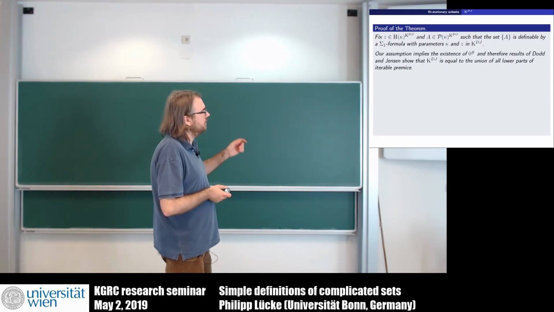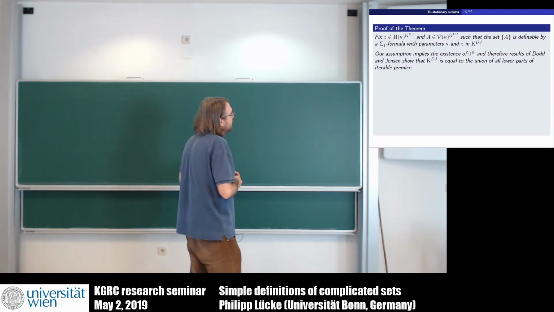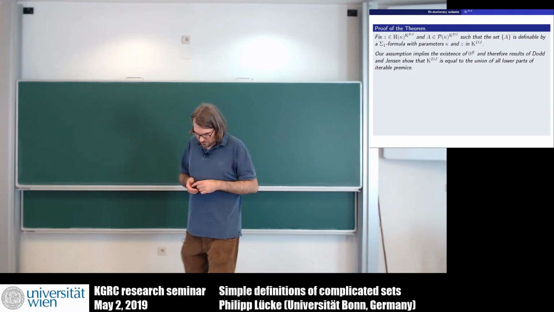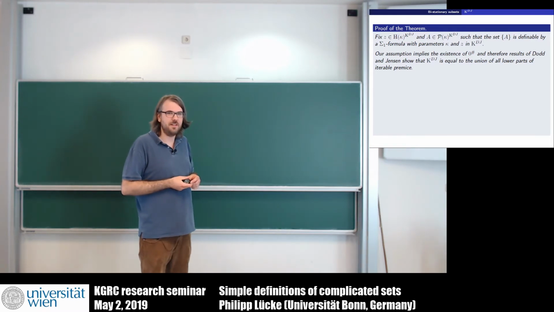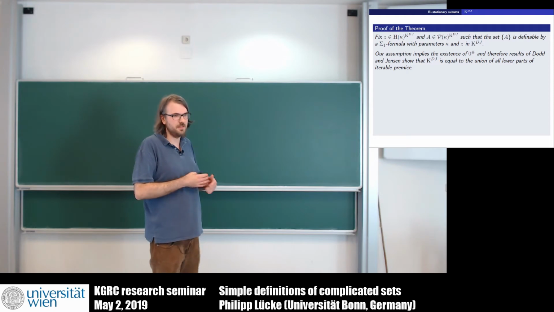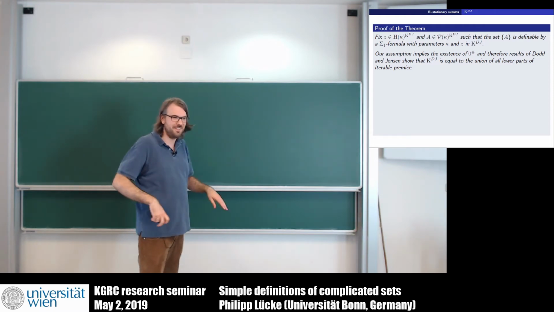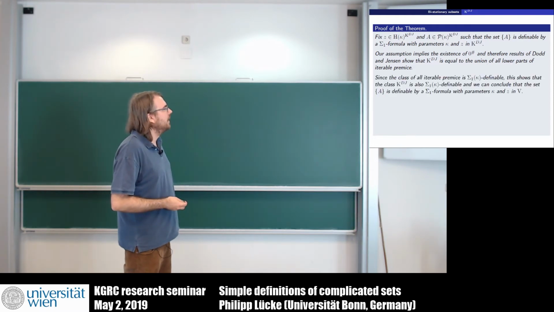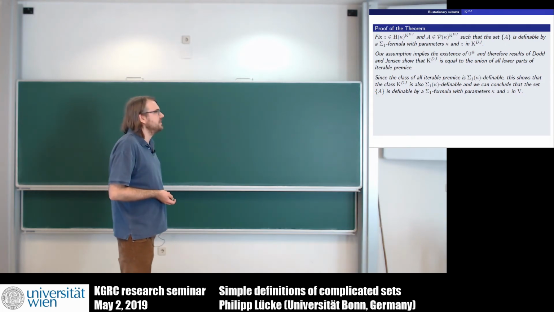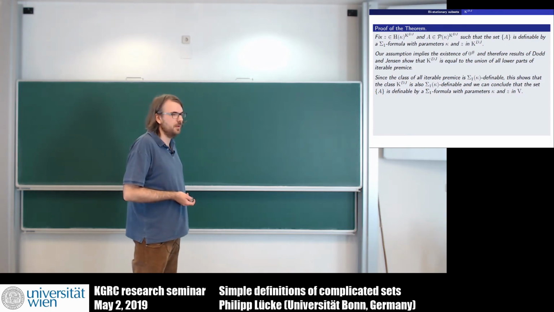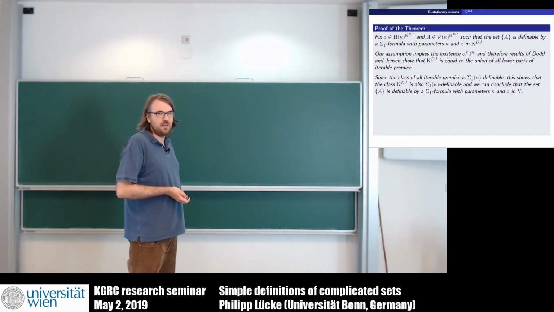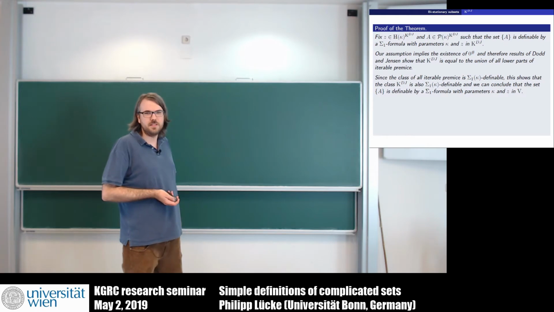So we already know that the sigma 1 club property implies the existence of sharps, so the core model is not L, it's just the lower parts of iterable premice. So these are the very simple premice for the Dodd-Jensen core model. And the class of all such iterable premice is sigma 1 definable, basically because kappa is uncountable, so you can define iterability in a sigma 1 way.